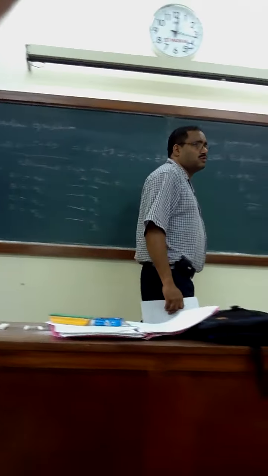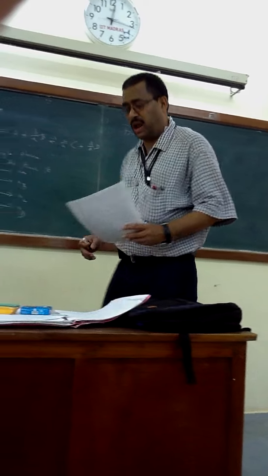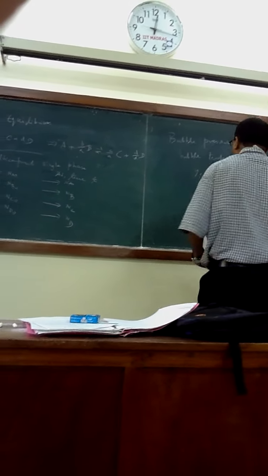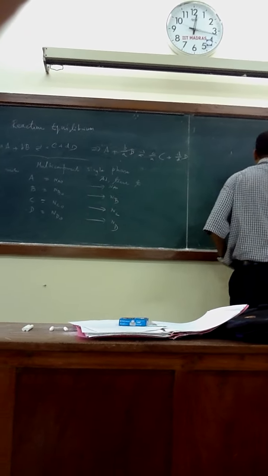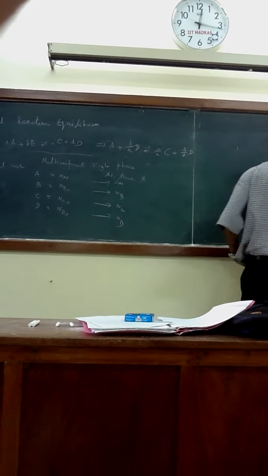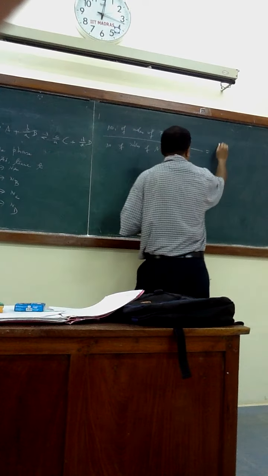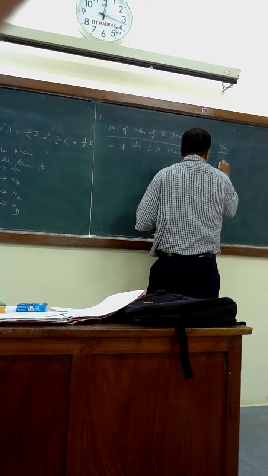So what we can write from here: number of moles of B reacted divided by number of moles of A reacted, which is b by a by 1, which is b by a.